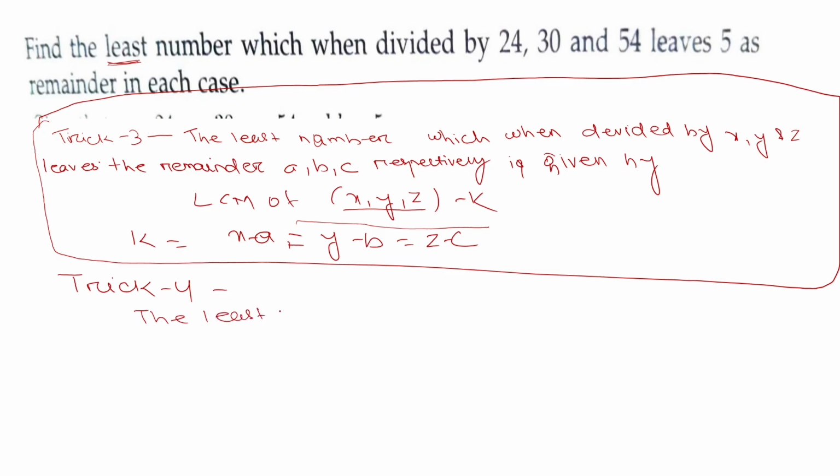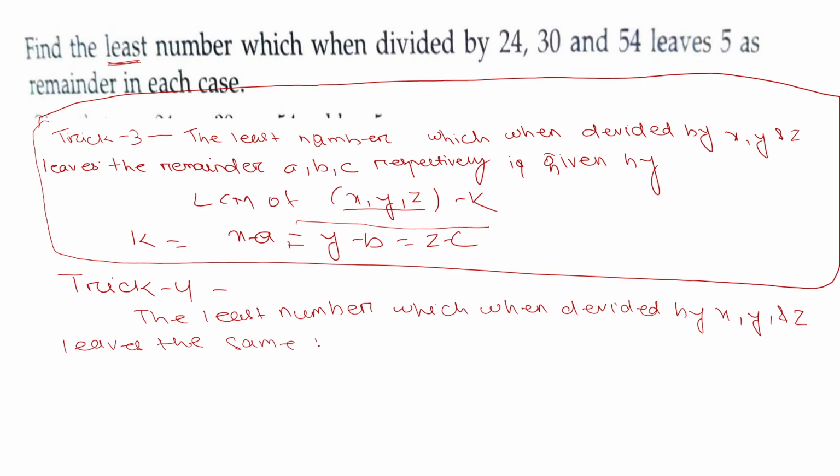The least number which, when divided by x, y and z, leaves the same remainder in each case, is the LCM of x, y, z plus k, where the remainder is k.